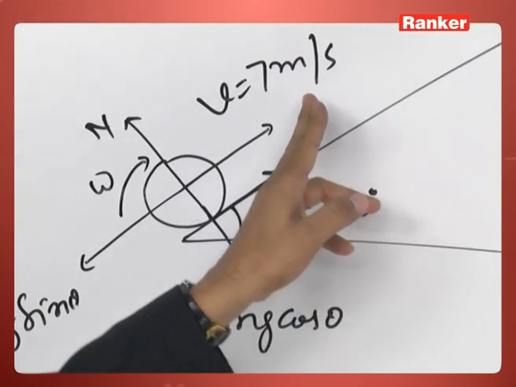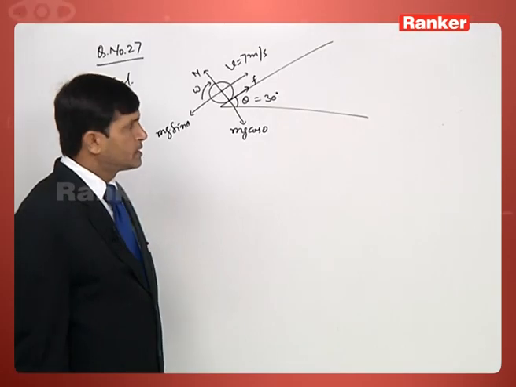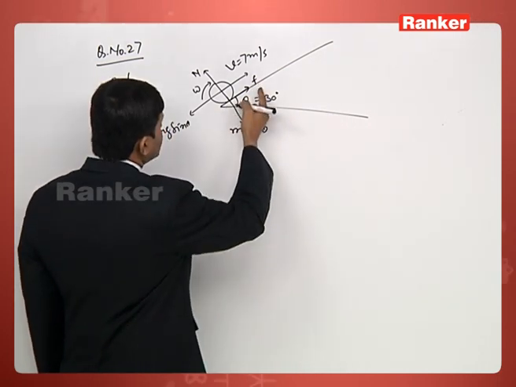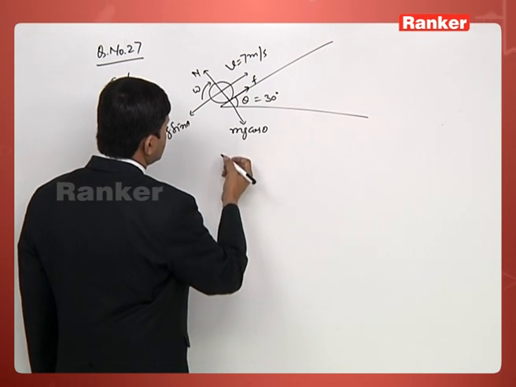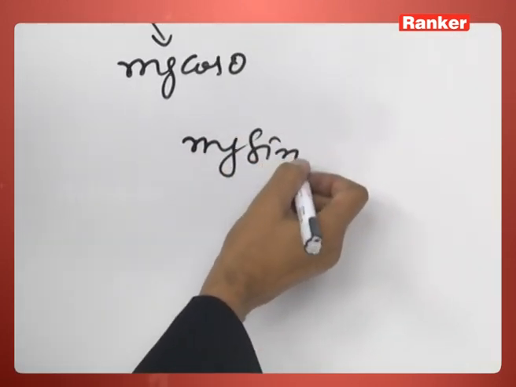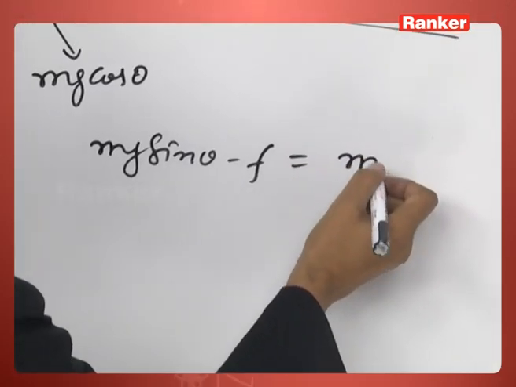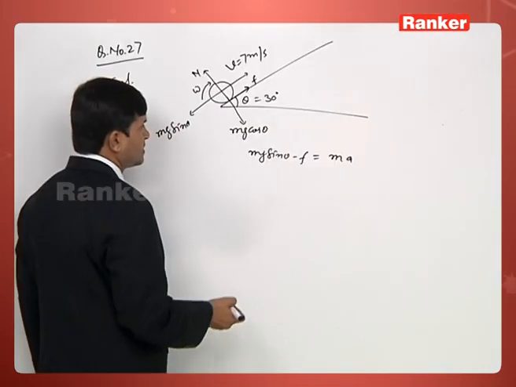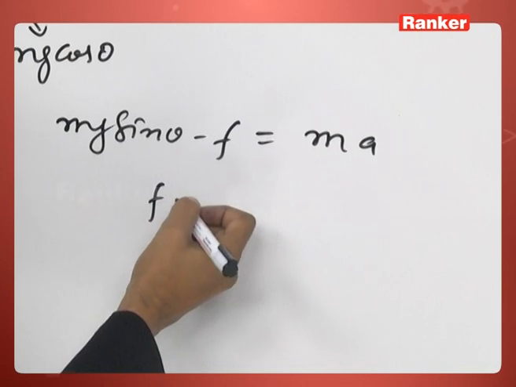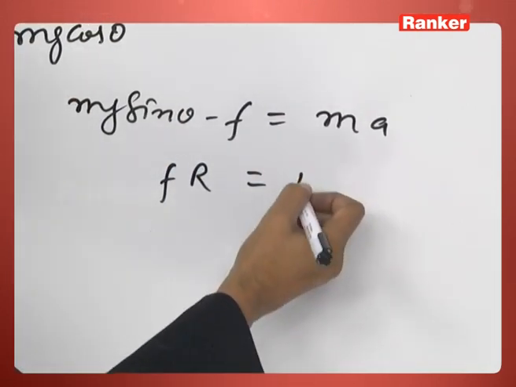So first we will find what is the retardation of the center of mass. If I am writing the equation for this, mg sin theta minus f is equal to ma, and f into r is equal to I into alpha.